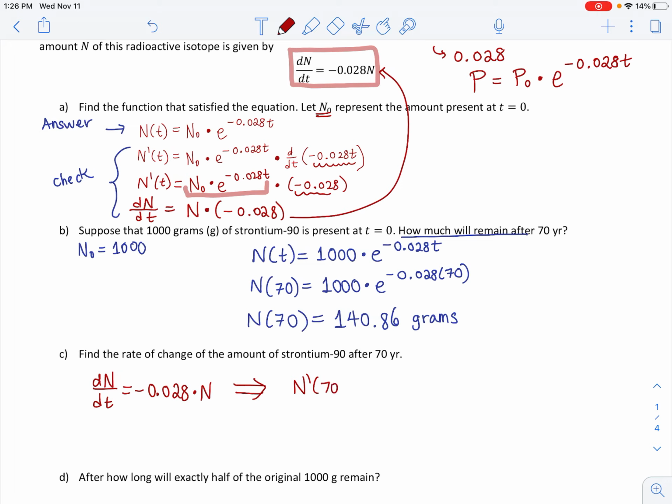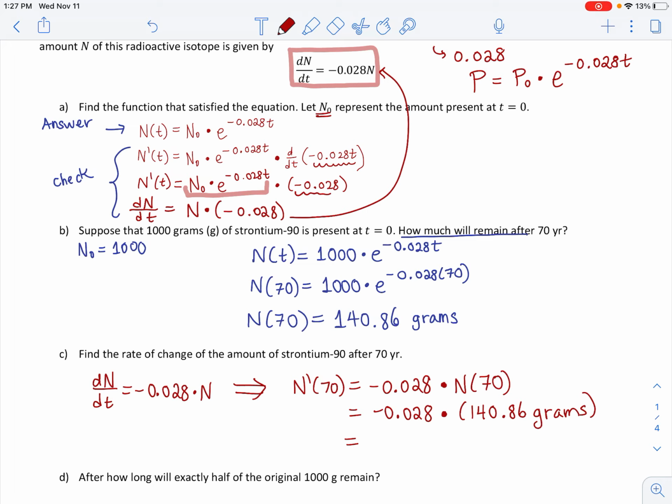That means the derivative at 70 is going to be equal to negative 0.028 times the function value, how much is left after 70 years. So I'm going to go ahead and multiply this by the answer that we found, 140.86 grams.